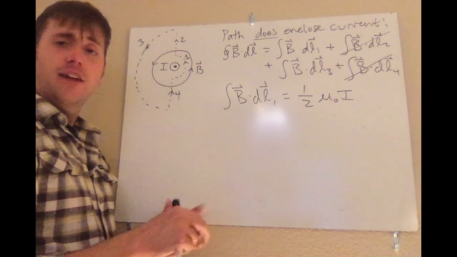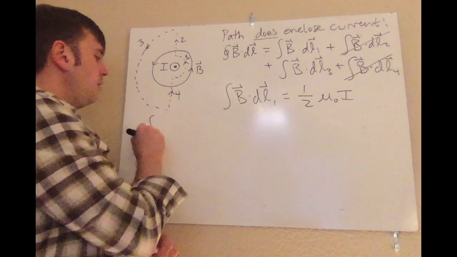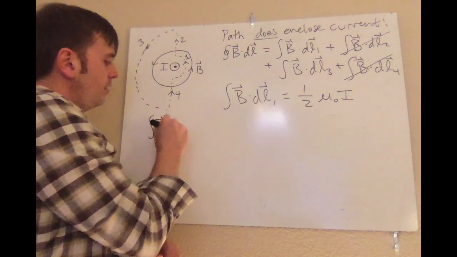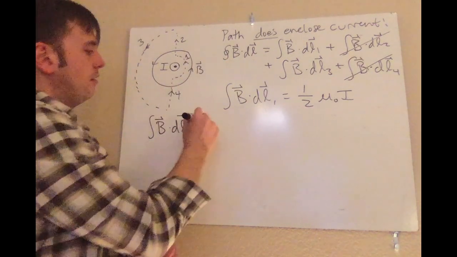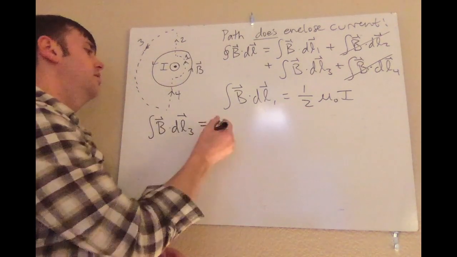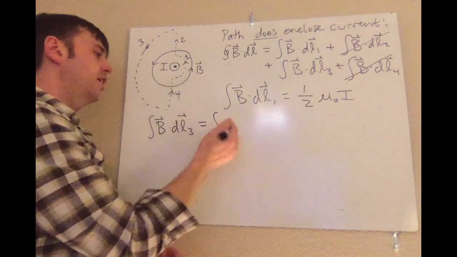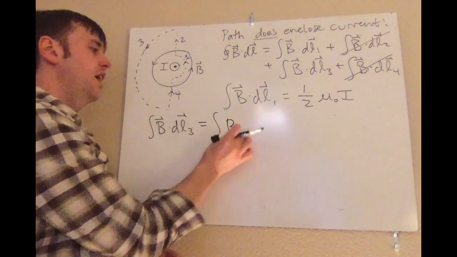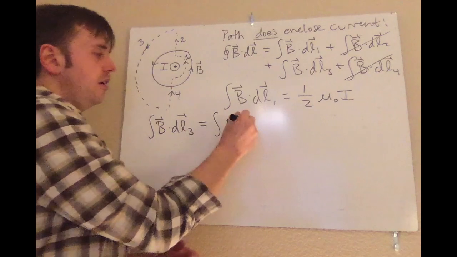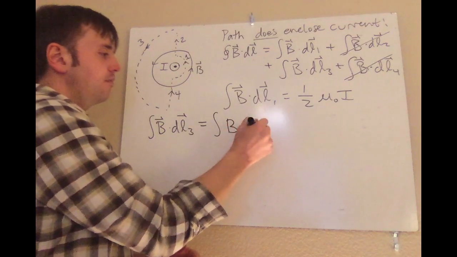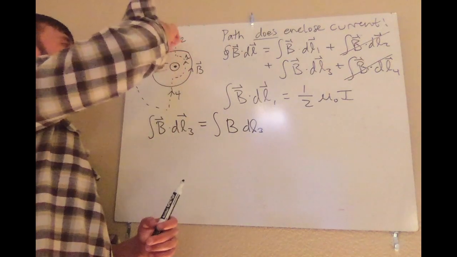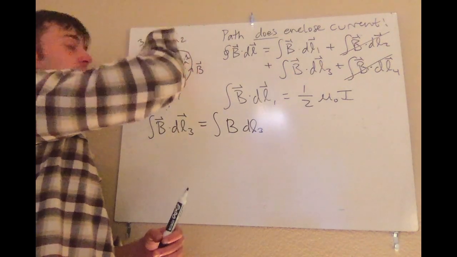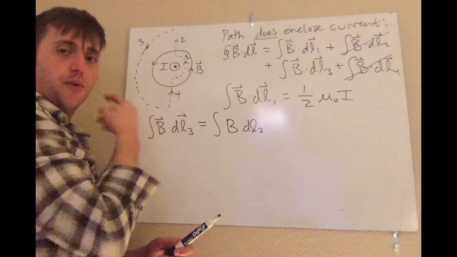The only thing that has changed is that now B dot dl for path number 3 is different. So let's work out what's changed. We have a dot product of 2 vectors. As before, we can think of that as the magnitude of the first, the magnitude of the second, and then the cosine of the angle between them. Notice how my B field is going counterclockwise, just like before.